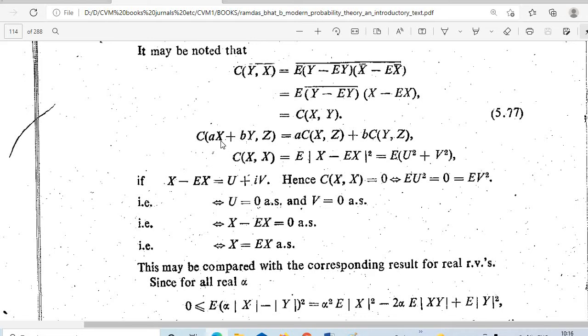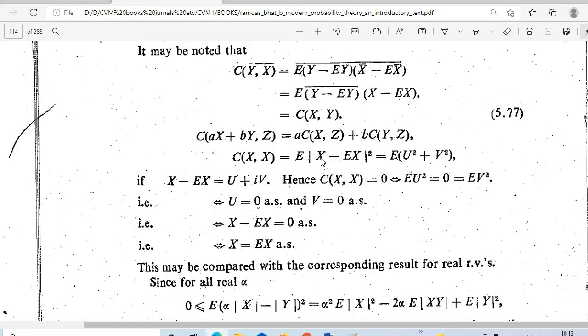Now another property: covariance of ax plus by comma z equal to a into covariance x comma z plus b into covariance y comma z. That is trivial. And covariance x comma x equal to expectation of mod x minus expectation of x whole square, that equals the expectation of real part square plus imaginary part square, because mod z is the square root of x square plus y square.